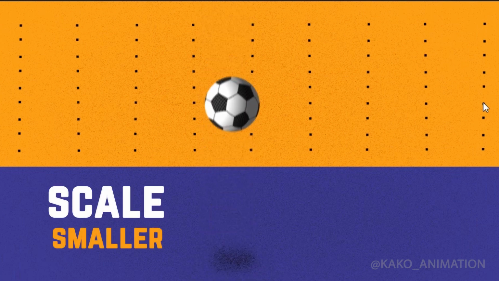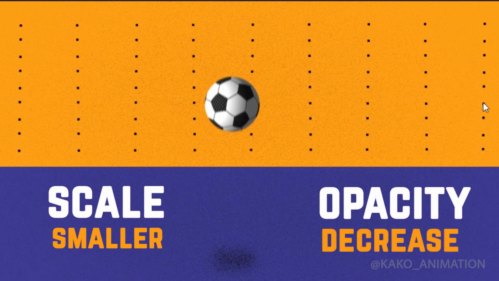When the ball is at a distance from the ground, two things happen: the scale becomes small, and the opacity decreases.